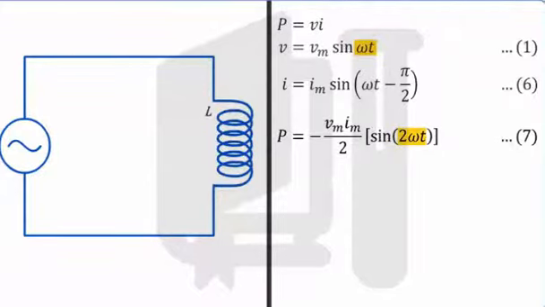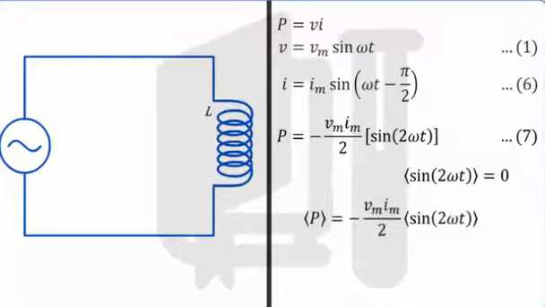Hence, the time period for the power function is half the time period for voltage. Since the average value of sine 2 omega t over one complete cycle is 0, the power supplied to an inductor on average in an AC circuit over one complete cycle is 0.